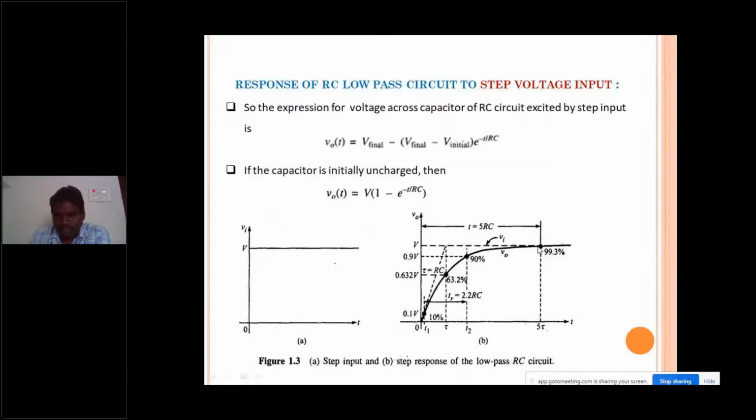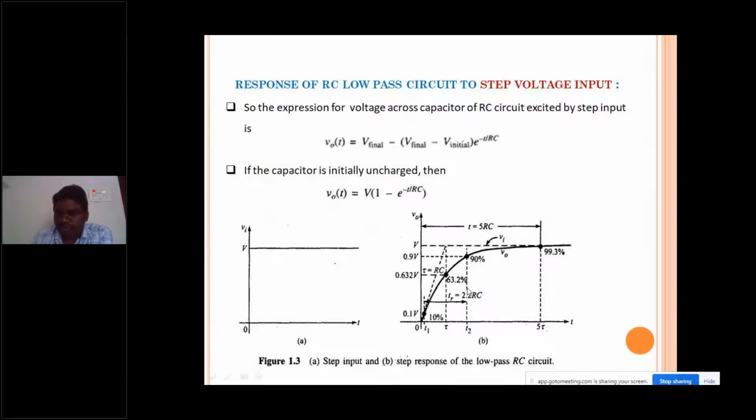So at what time is the exponential curve going to reach the maximum value? According to the analysis, you can go on substituting different values: after 5 time constants. The time constant is the time taken by the output signal to reach 63.2% of its final value.